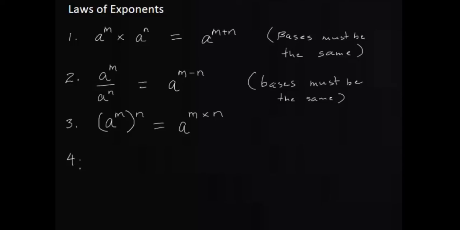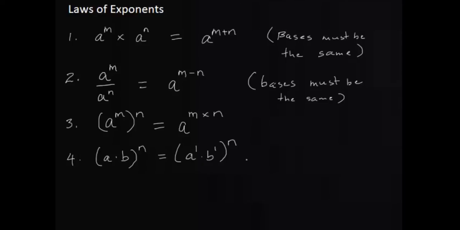Now let's move on to the fourth law of exponents. This law of exponents says if you have two terms with different bases, two different expressions, say you have a multiplied by b raised to an exponent. Let's rewrite this so you can see where we're going. Say we have a raised to the power of 1 and b raised to the power of 1, all raised to the power of n.